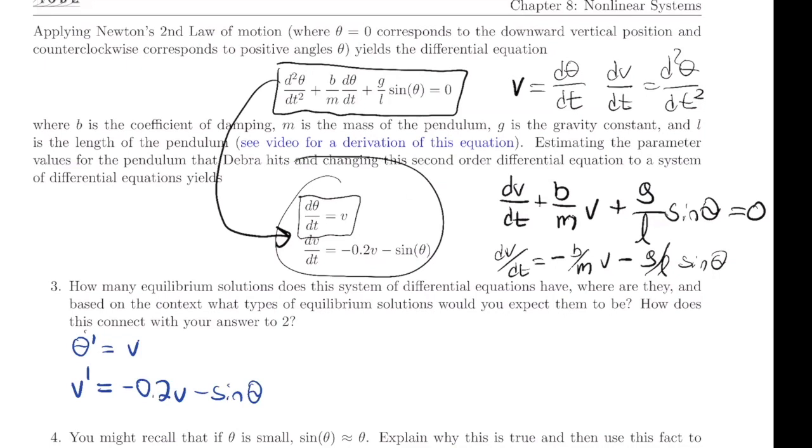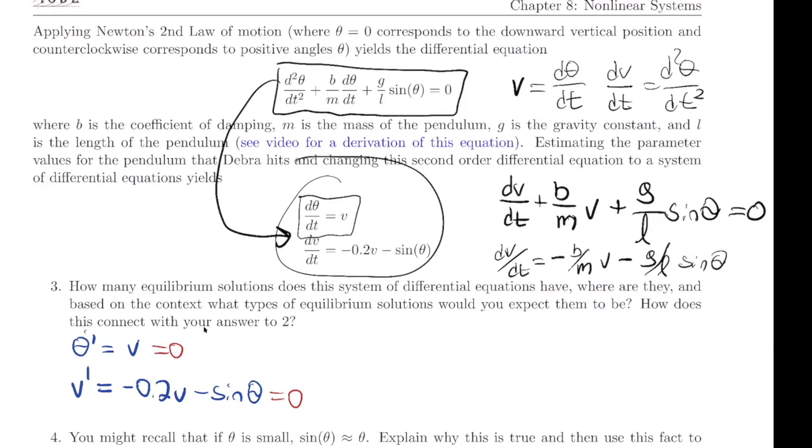Set the first derivative equal to 0. Yeah, we set which first derivative equal to 0? Well, in this case, it'll be both of them, right? Yeah, that's right. We want to solve when these are simultaneously equal to 0. So we need to solve a system, in this case, of nonlinear equations. So I take the top, set it equal to 0, and the second equation, set that equal to 0.